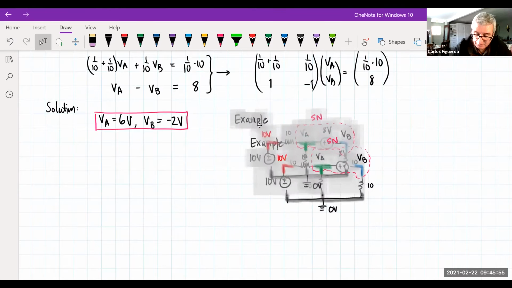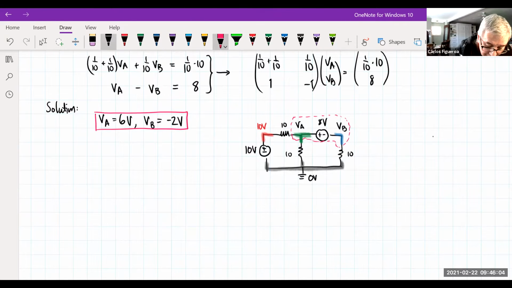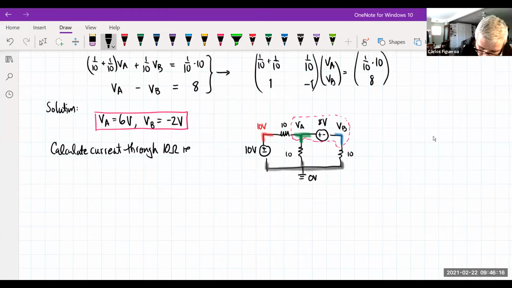Just to give you a sense of what I'm talking about, let's calculate the current through the 10 ohm resistor. And of course, there are 3 of them. So I'm talking about this 10 ohm resistor right there.